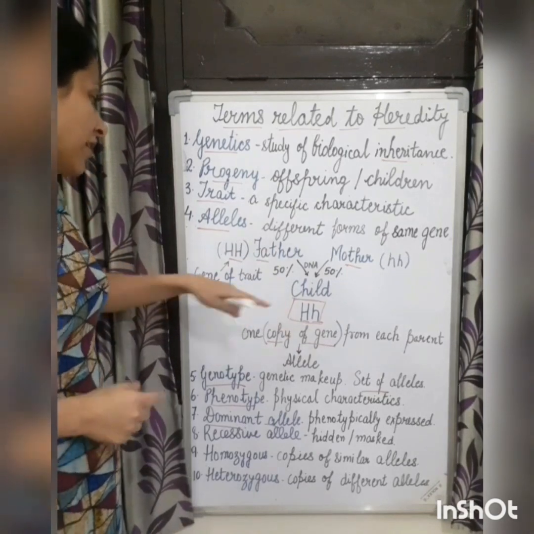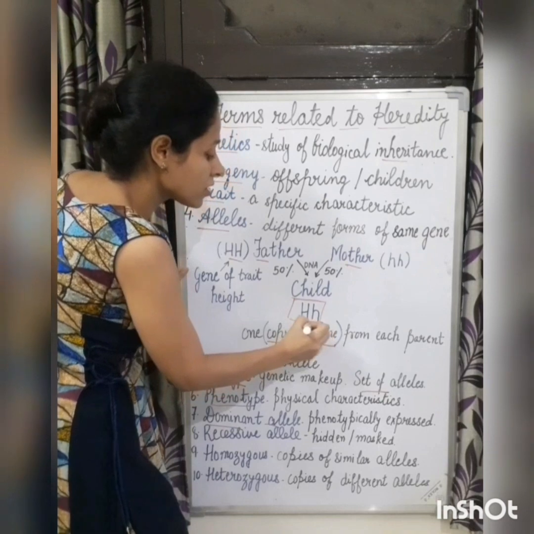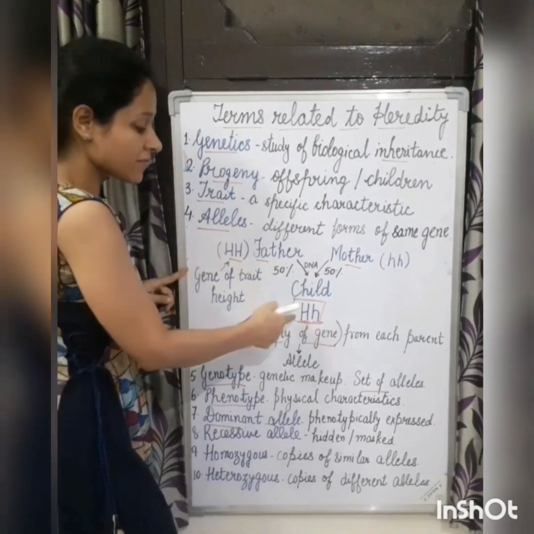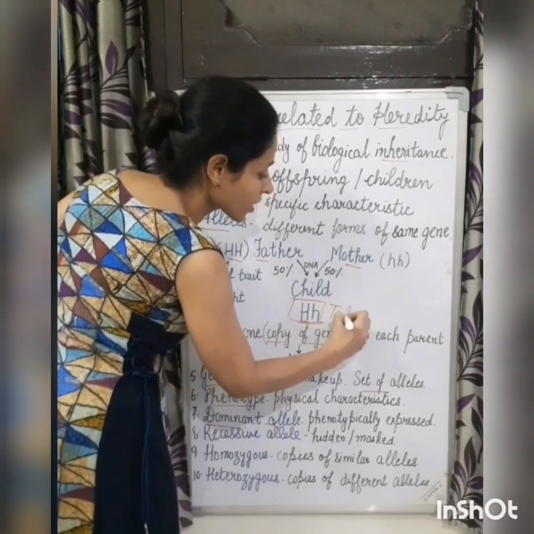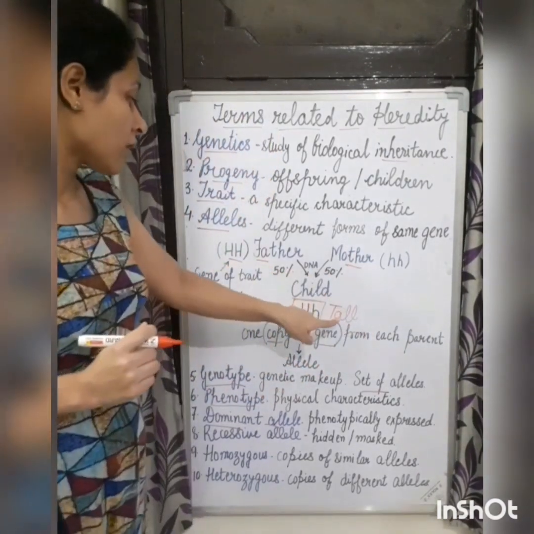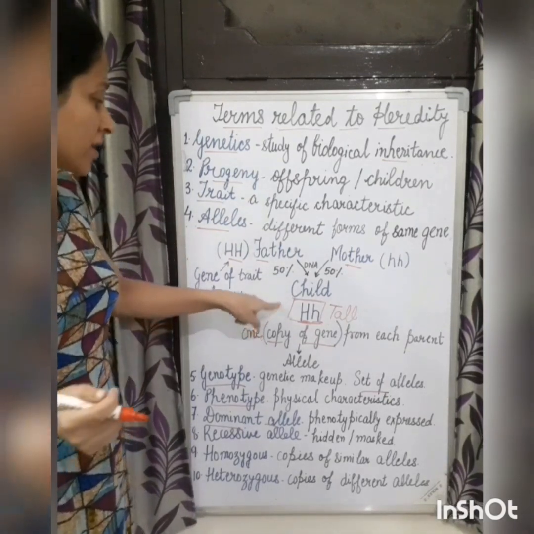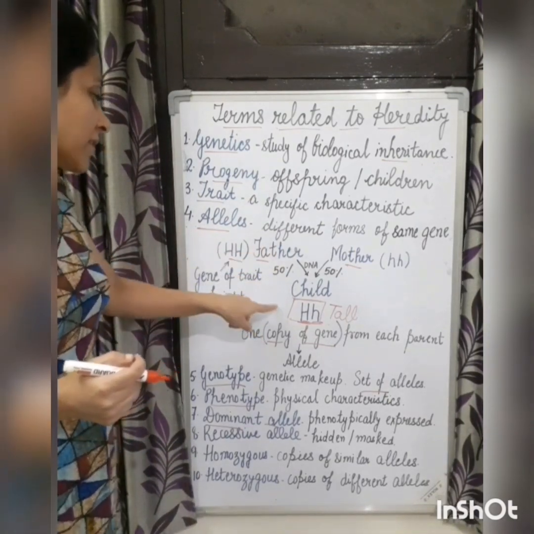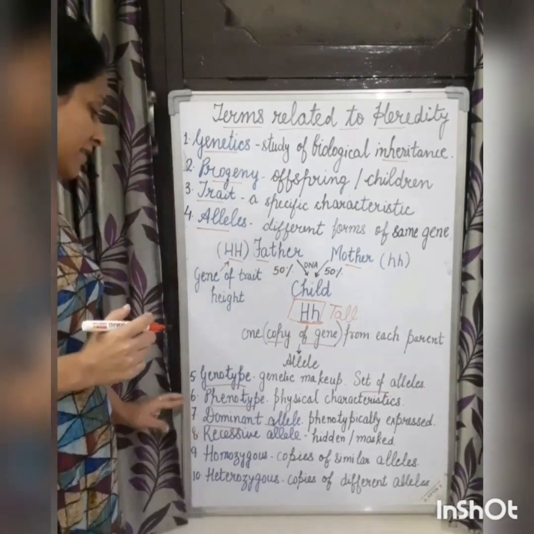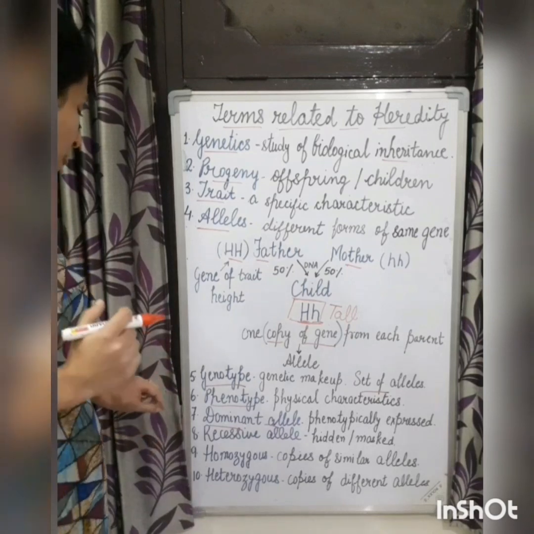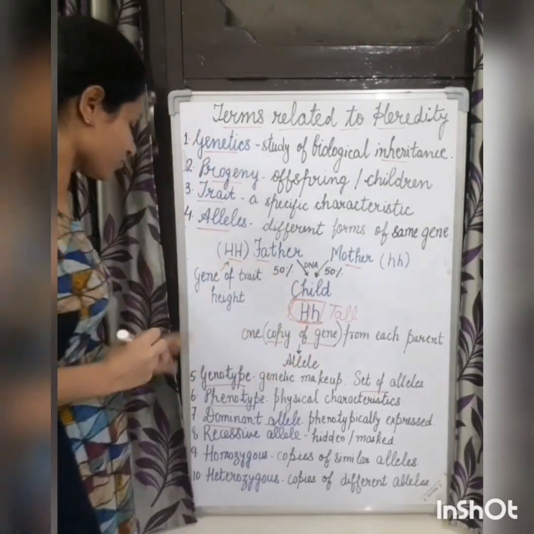So, in this child, if the allele for the height, tallness, is visible in this child, that is the child appears to be tall, then we can say the allele for the trait tallness is phenotypically expressed, that is visible in the child, and that particular allele will be called the dominant allele since it is phenotypically expressed. A dominant allele is represented by a capital letter.